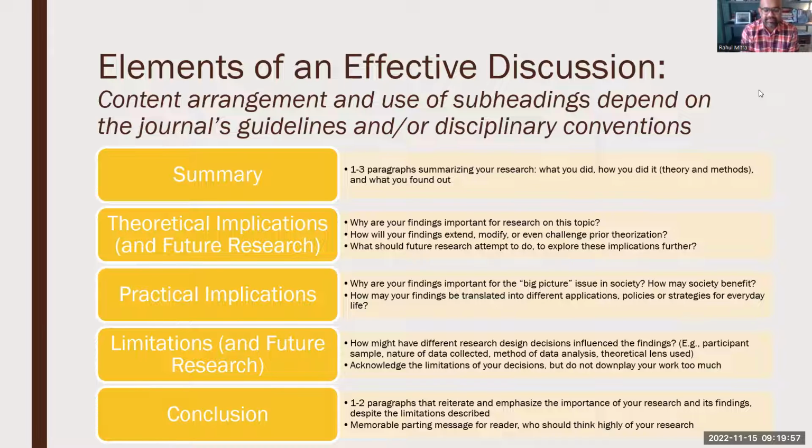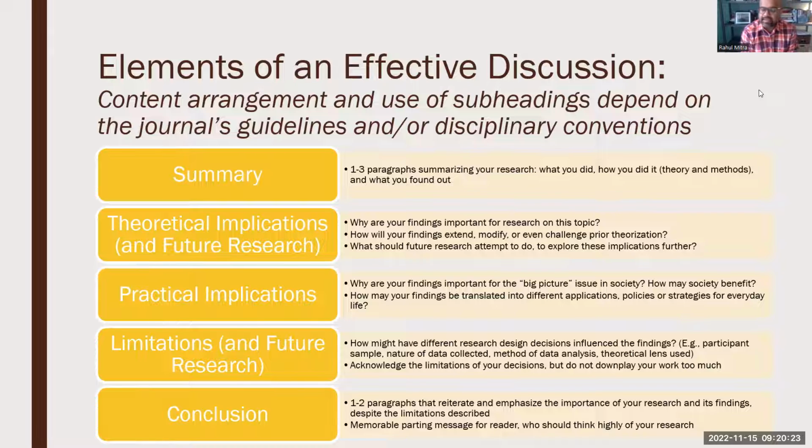And then the next 2 subsections, the theoretical implications and the practical implications, as well as I think the limitations subsection, these next 3 subsections, this is where again you're asked to put on your reviewer hat almost, right? And so for the theoretical implications, think about why are these findings really important for research on this topic?